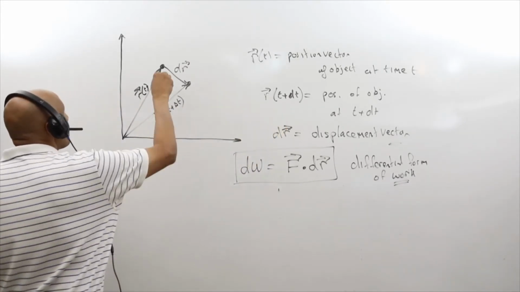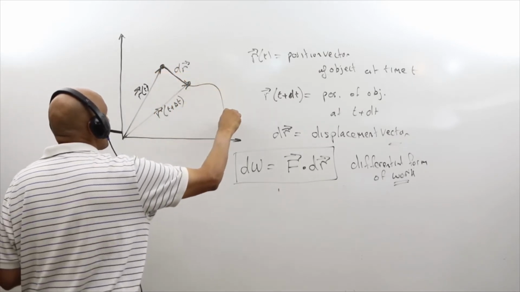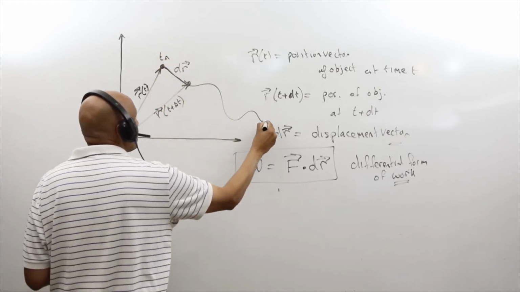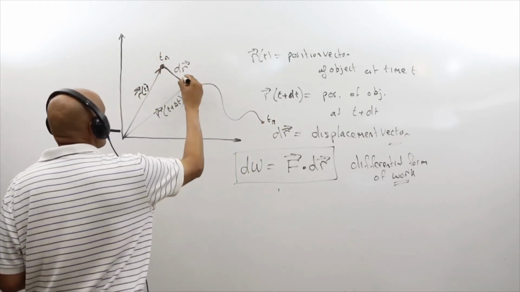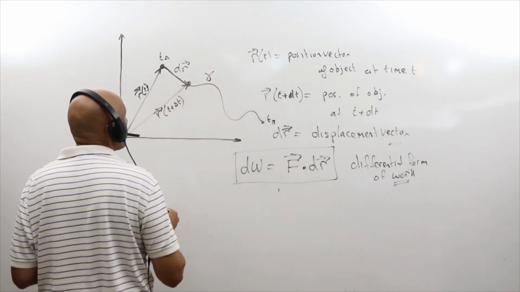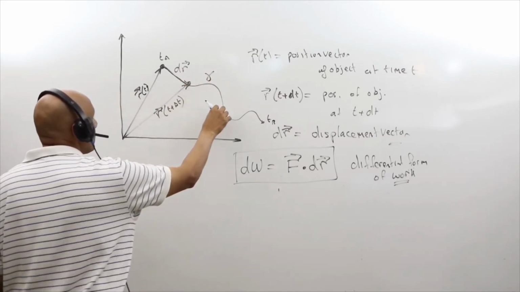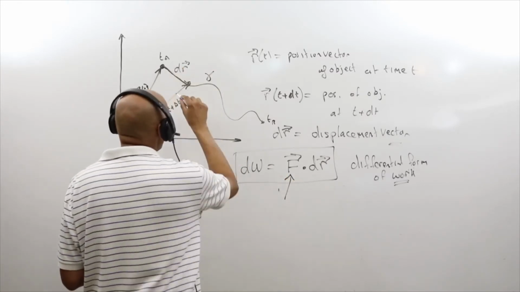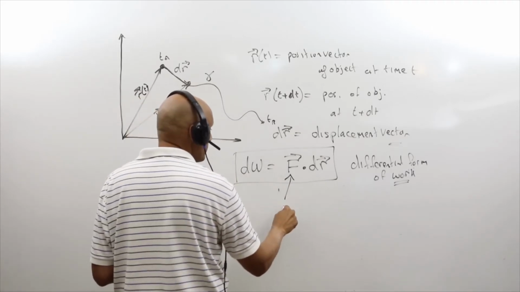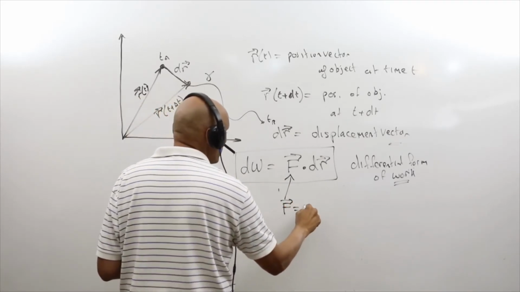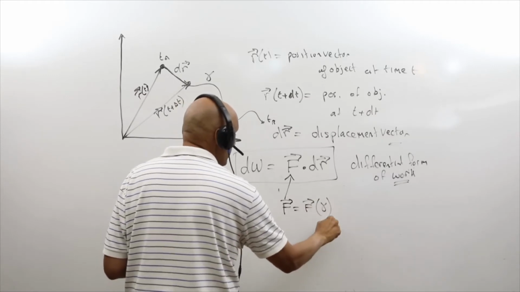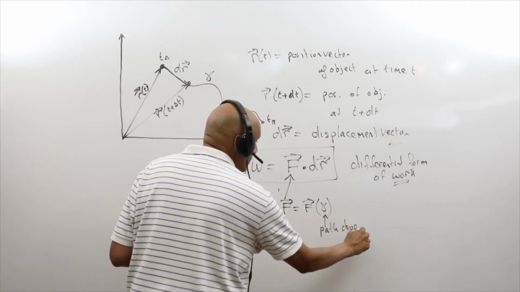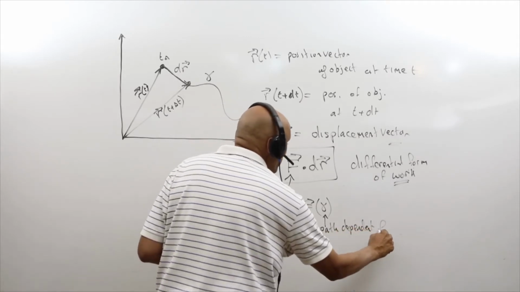Imagine that this particle is now traveling along some convoluted path, from time ta to time tb. This path I'm going to denote by gamma. Gamma is the path that the particle takes, and the force is at various points along the path, so the force is dependent on the path. I'll write this as a path dependent force.